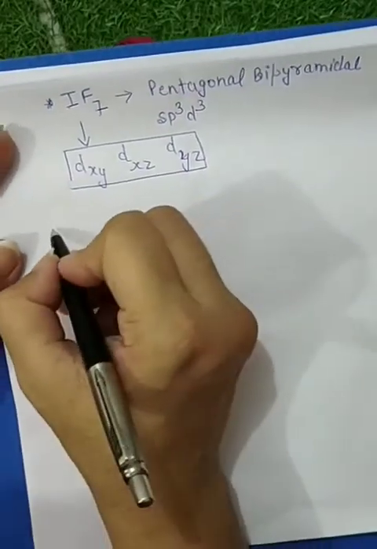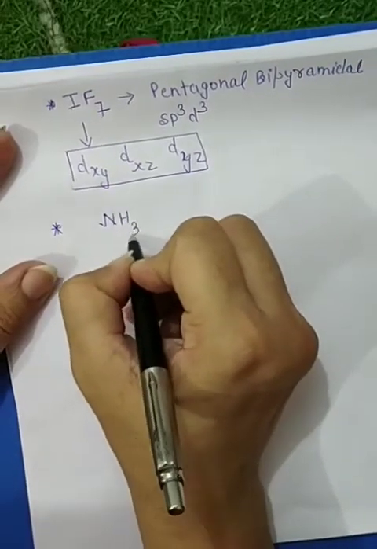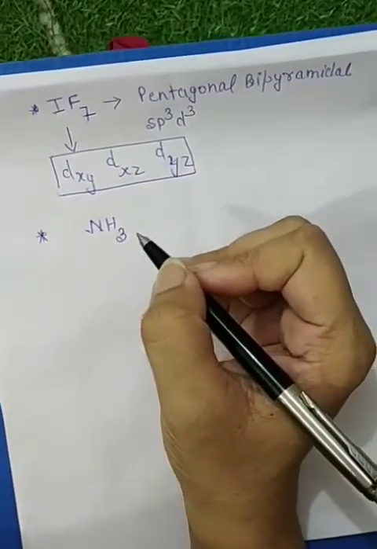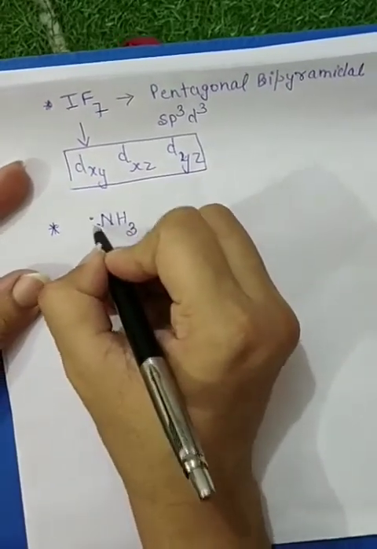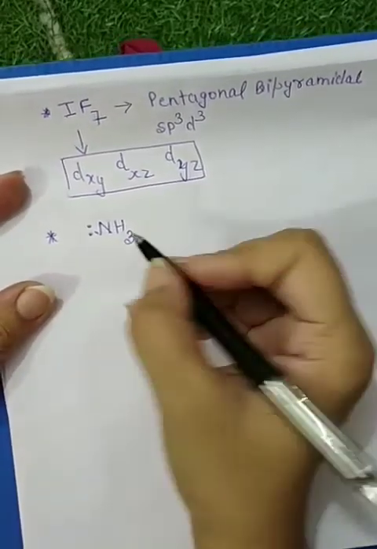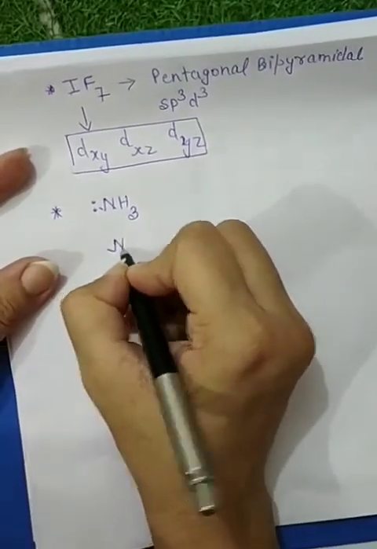Okay, now taking other examples in which the central atom has a lone pair. For example, ammonia. Ammonia has a lone pair at nitrogen. Nitrogen is the central atom.